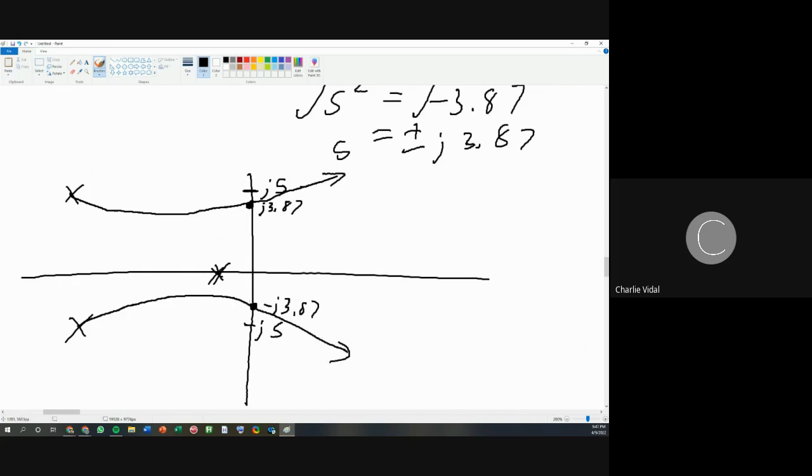And we'll pretend that the asymptote is also over here. So this line goes like this, and it's always approaching the asymptote but never touching, and like this. And that is the answer. It's leaving at -12, and the other one's leaving at +12. This one is approaching the asymptote. By the way, for the other one, it hits the imaginary axis at J 3.87 and -J 3.87, which I think I cut off that negative.